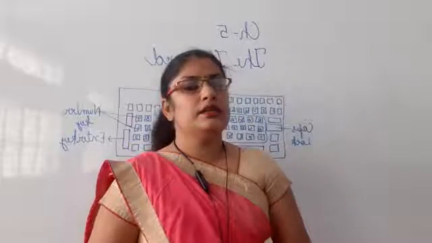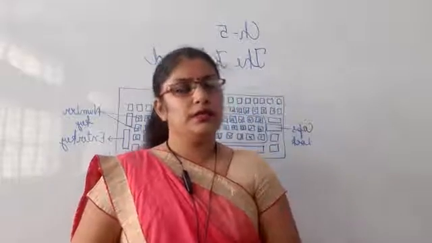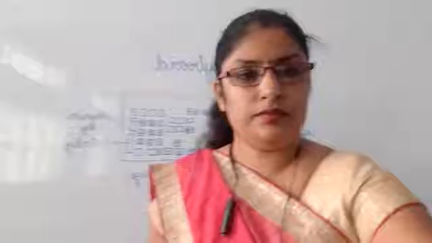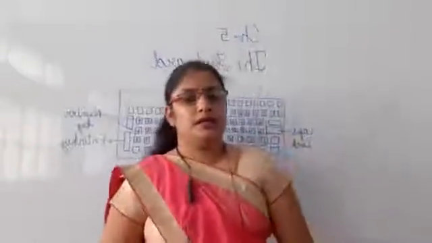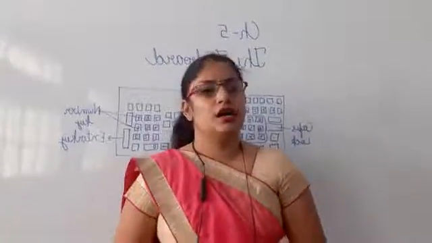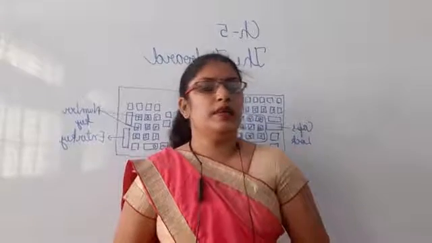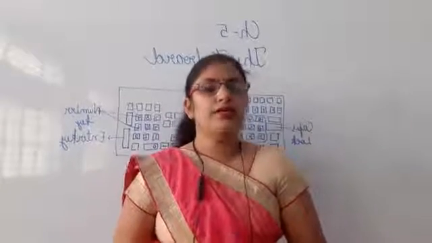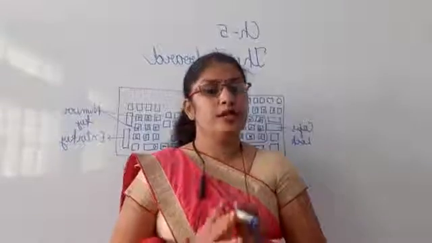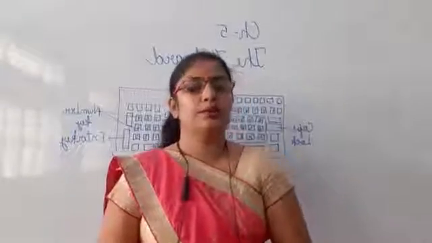Now we will learn about the number keys. As the alphabet keys are used to type letters and sentences, in the same way, number keys are used to type numbers on the computer.